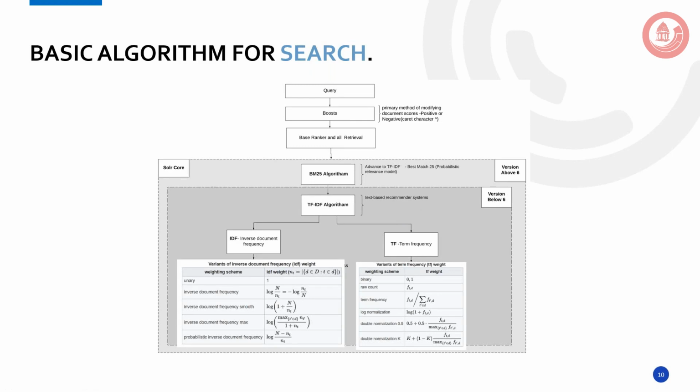Before Solr version 6.0, it was calculating TF-IDF, that is, term frequency and inverse document frequency. And after 6, it started with the BM25 algorithm. Again, it's slightly core to Solr. We can discuss more; I will just provide a high level and then we'll discuss more.